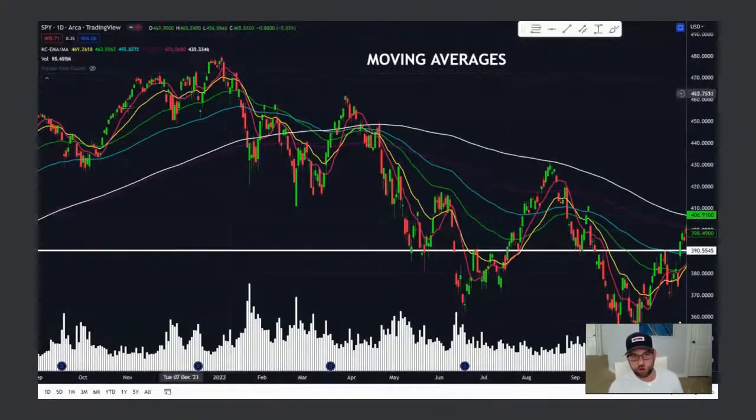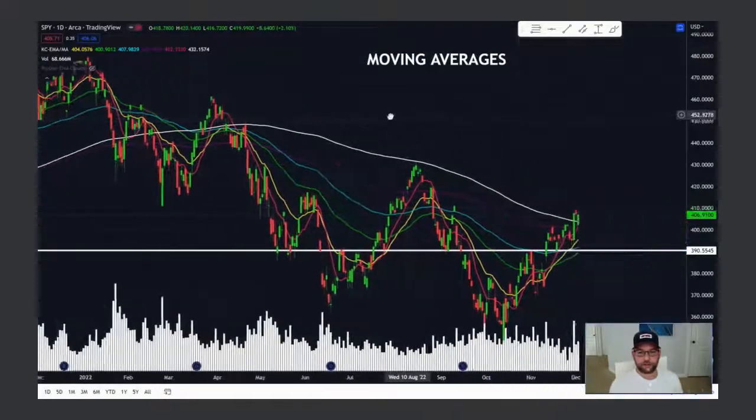All these lower time frame moving averages are starting to cross to the downside of the higher time frame moving averages. That's bearish. So what happens? Price action pulls back into that. So this would have been a good area to take a short from, right? Goes back down.